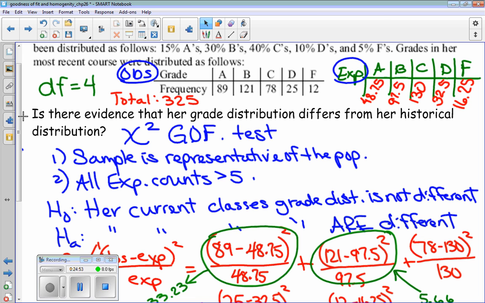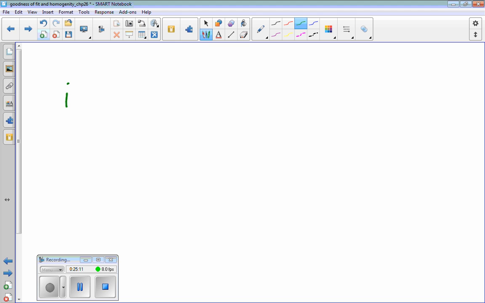All right, so we're going to go ahead and I want you to read chapter 26. It does talk about the goodness of fit test. It also talks about the test for homogeneity and the test for independence. It has all three in chapter 26. So you're going to read about all three.